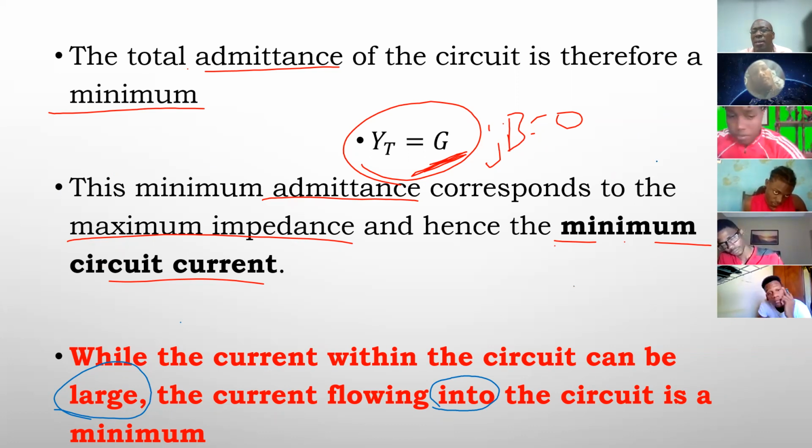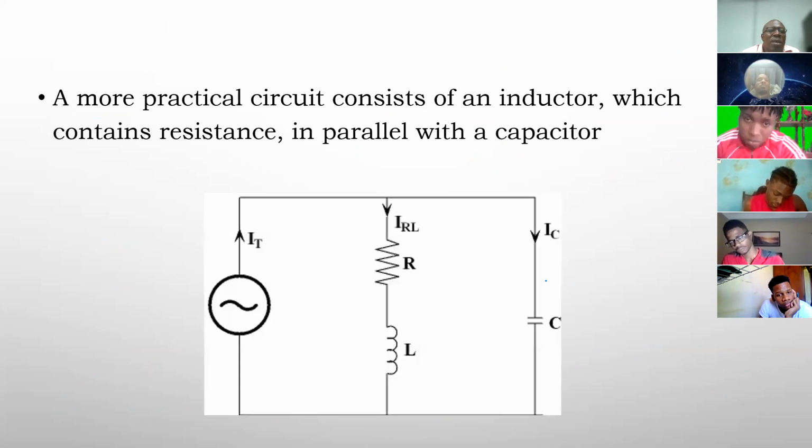All right. I did start out by saying that we were assuming these elements to be pure elements, right? However, we have to deal with a more practical circuit. So for a more practical circuit, we have an inductor, a real inductor, and a real inductor will have some resistance, right? And it has some inductance.